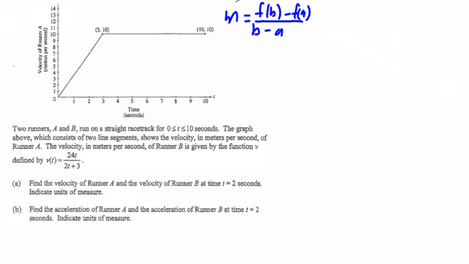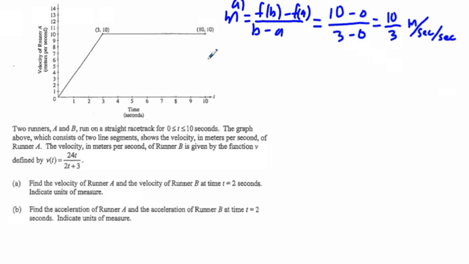And this is, by the way, problem A. So this will be equal to f of b is 10 minus f of a, which is 0, over 3 minus 0. So what we get is 10 thirds. And that's going to be in meters per second per second.